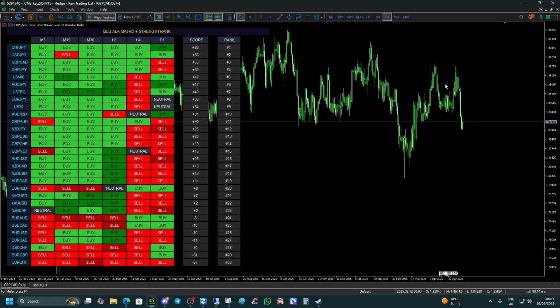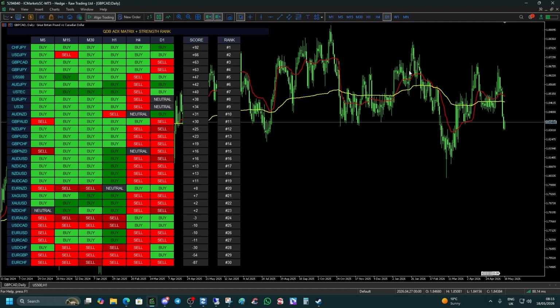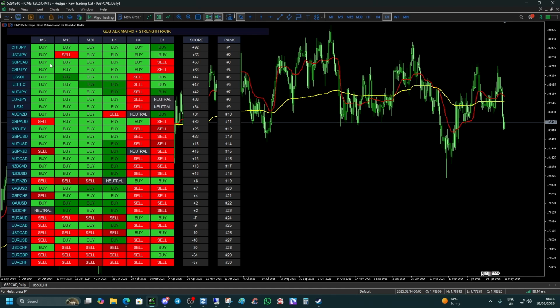I think you could probably argue a trend and low on that pound CAD. You could potentially look for a short, perhaps wait for the small time frames to flip, but that looks to me like we're trending lower, and we could probably breach these lows, I think. So I may look at pound CAD, and we'll get the confirmation if we get the crossover as well.